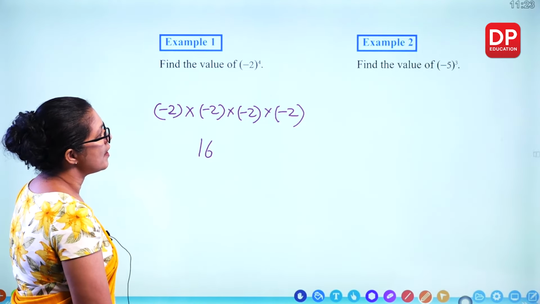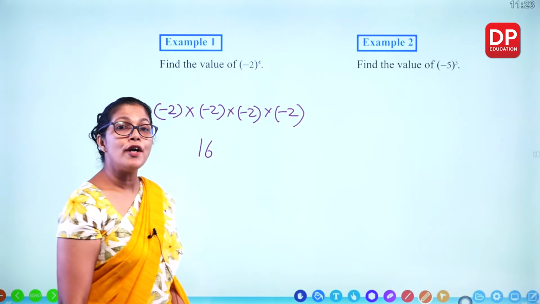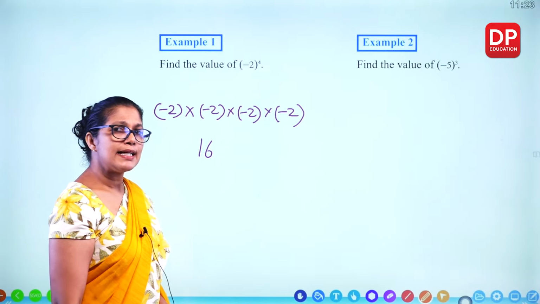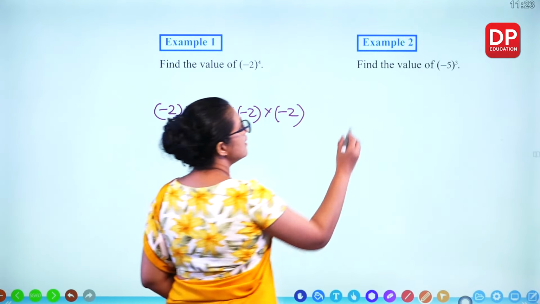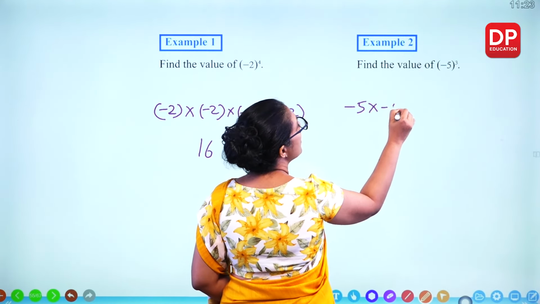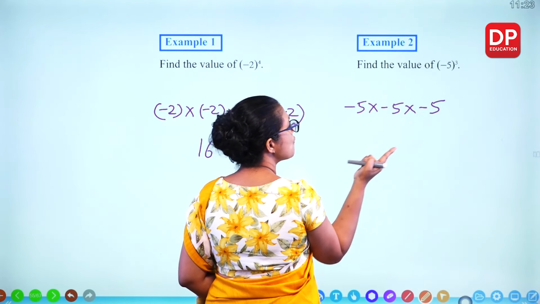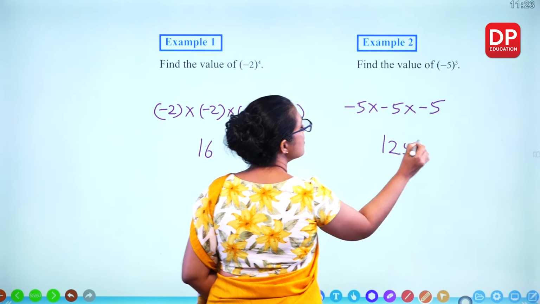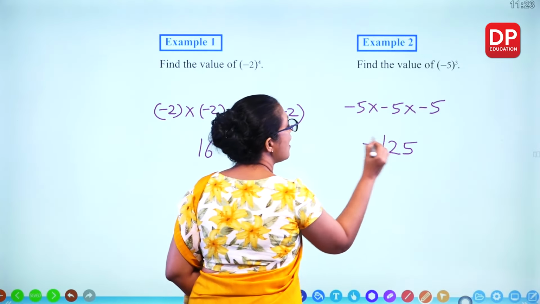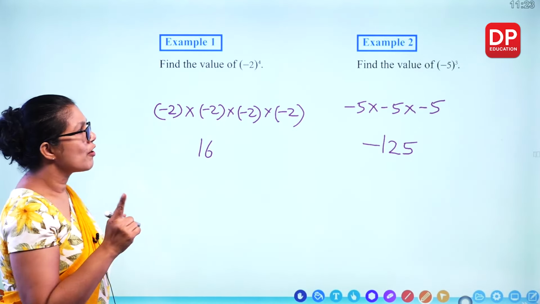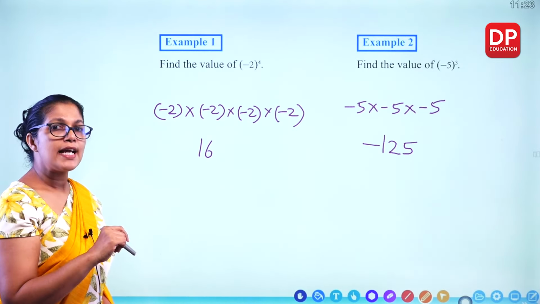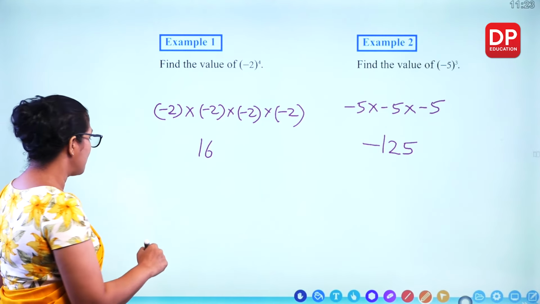You get a positive answer. This one, odd power. So what is the answer? You get a negative answer. Minus 5, 3 times. 5 times 5, 25 times 5, 125. So the answer is negative because the odd power of a negative number is negative.